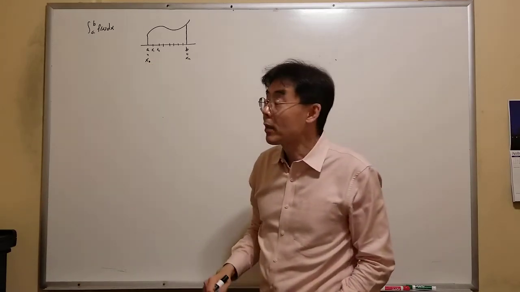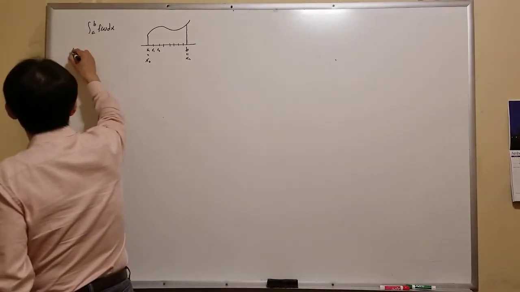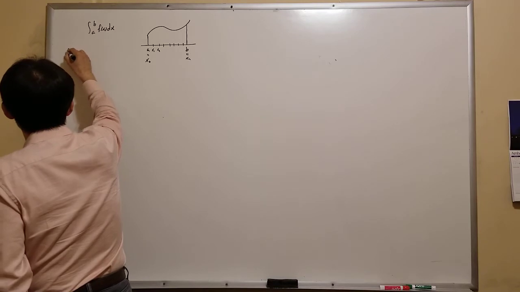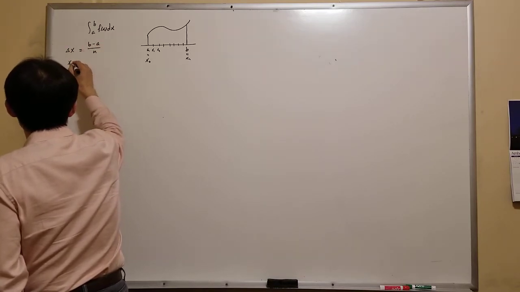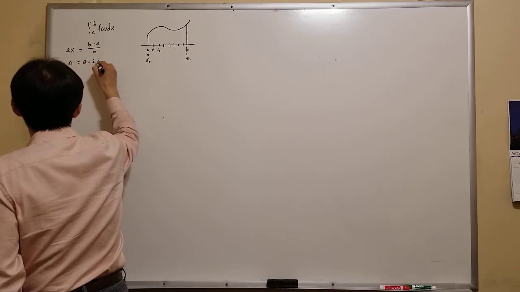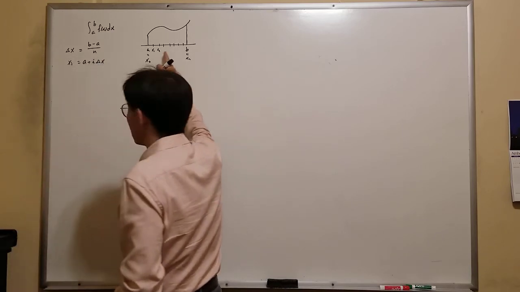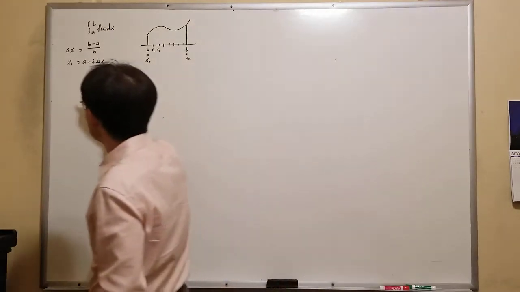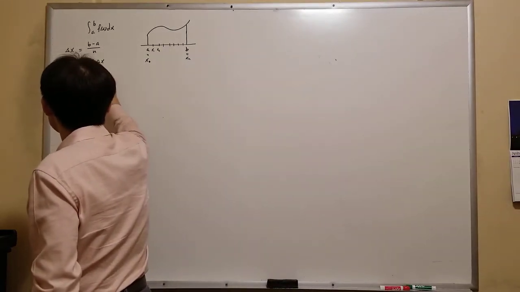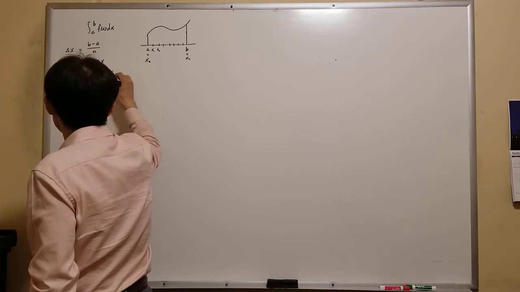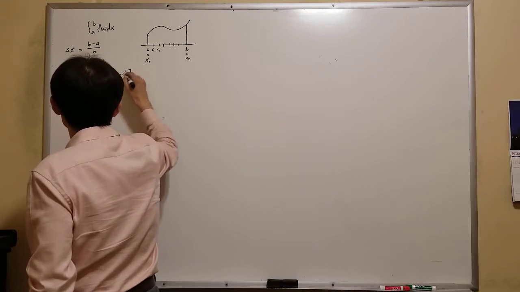Then we choose delta x equals b minus a over n, and xi equals a plus i times delta x, giving x1, x2, x3, and so on. Then we choose a sample point xi star from the ith subinterval.